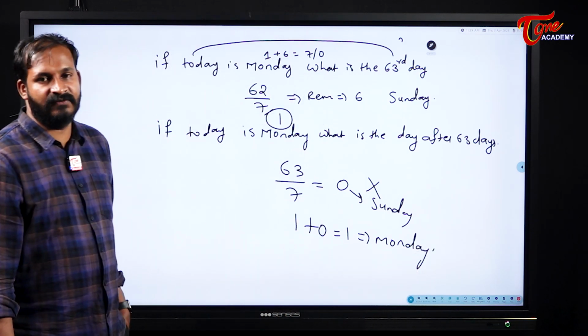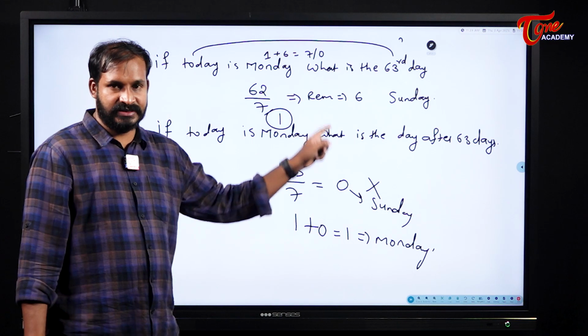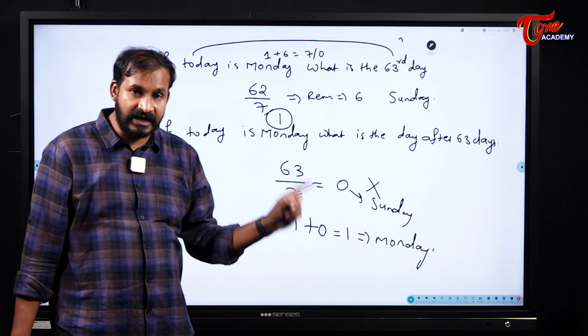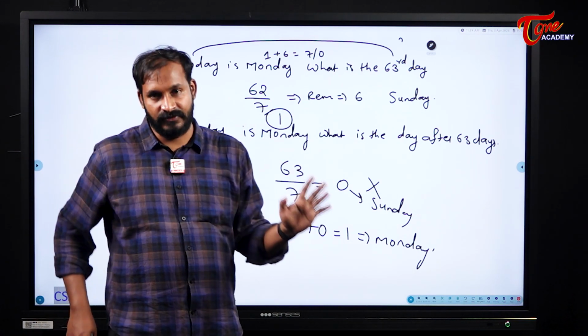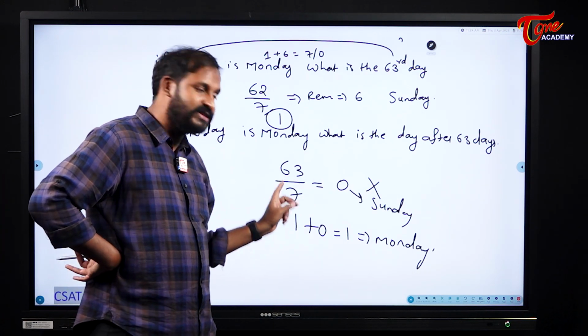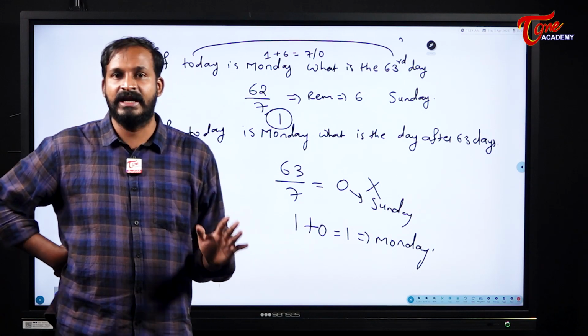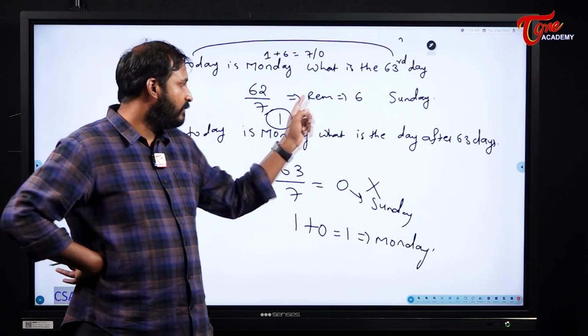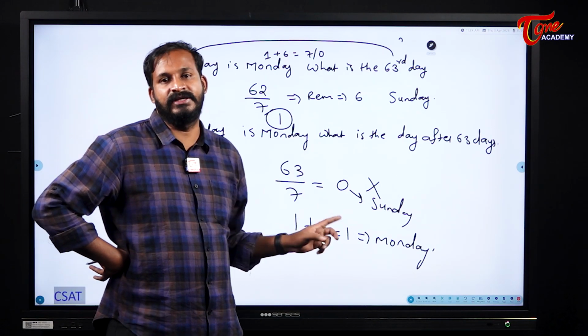Please be careful, students, with these two things. If they ask you the 63rd day, subtract 1 from it and then do it. If they ask what is the day after 63 days, directly you can take 63. Please try to understand the difference between these two things.